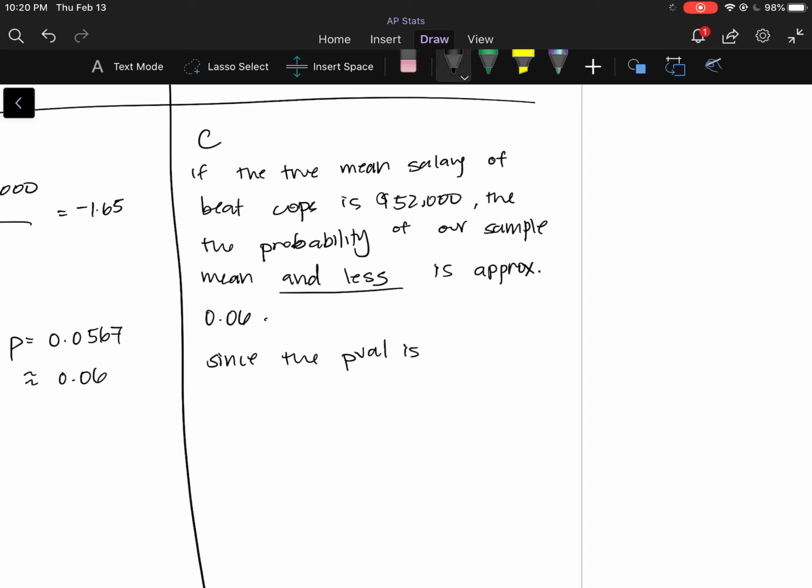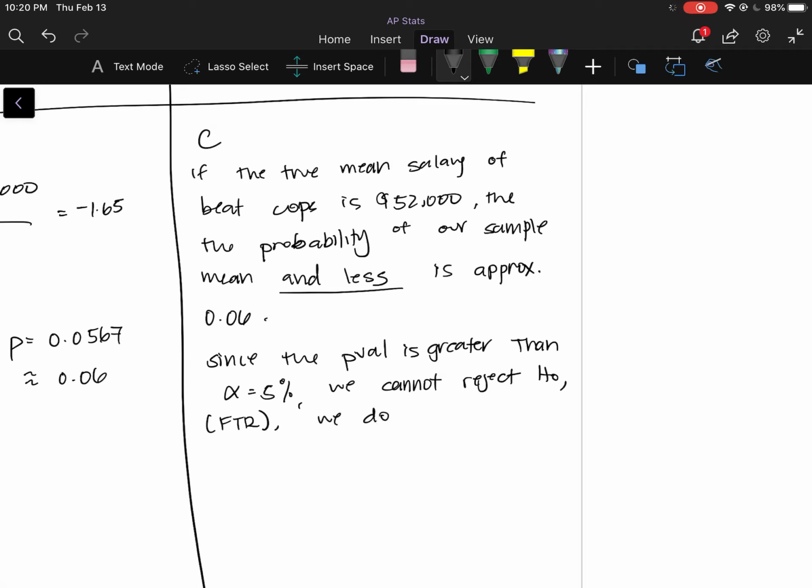Okay, since the p-value is greater than alpha equals 5%, this becomes our three knots. We cannot reject H0, meaning we fail to reject H0.